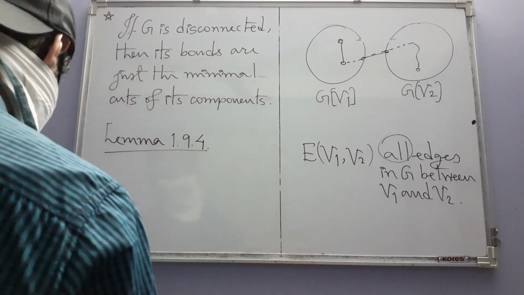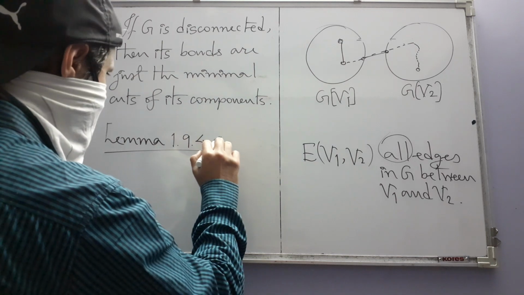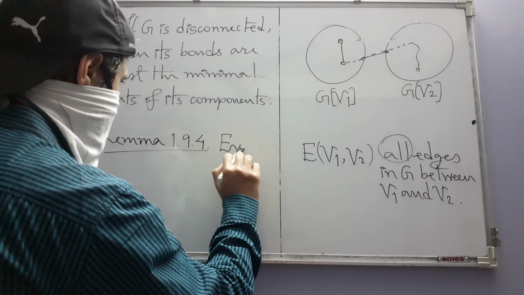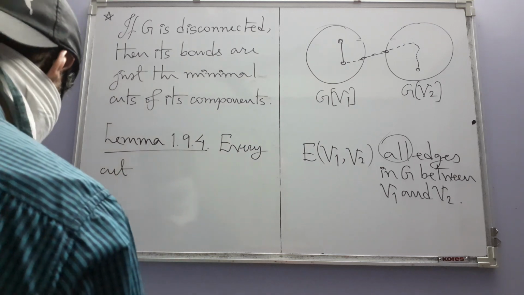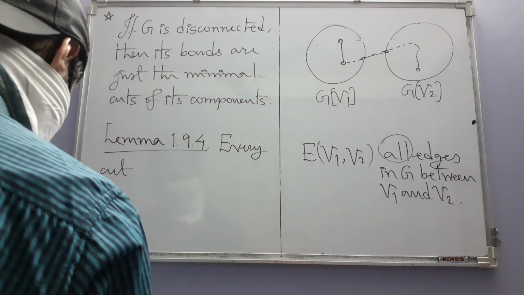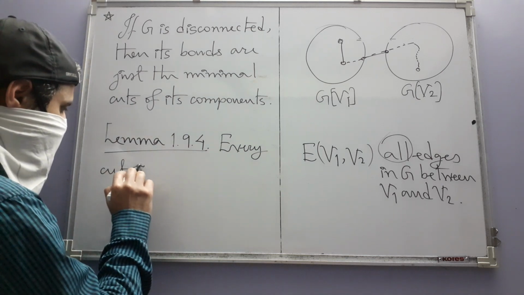So let's see the statement. Every cut is a disjoint union of bonds.